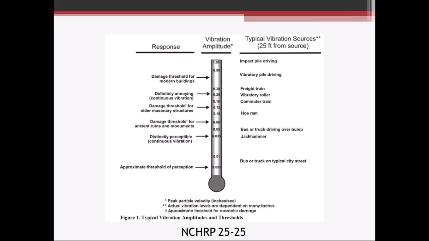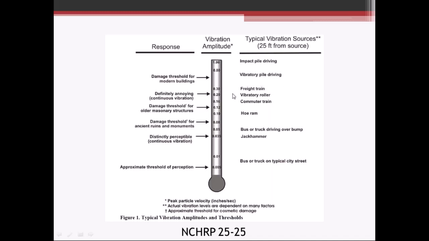This is a diagram that just gives you an idea of typical vibration, the peak particle velocities at 25 feet from various sources. So at 25 feet, your impact pile driving is going to be about 1 inch per second.